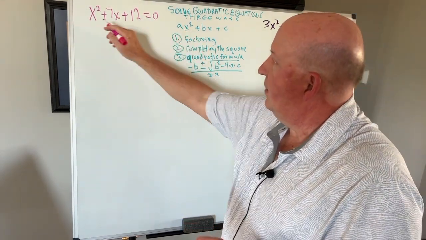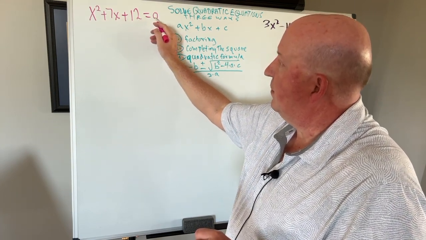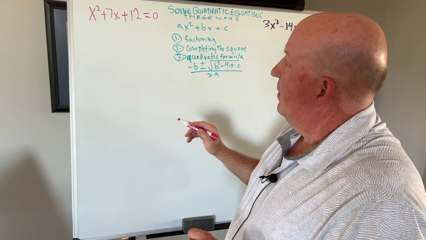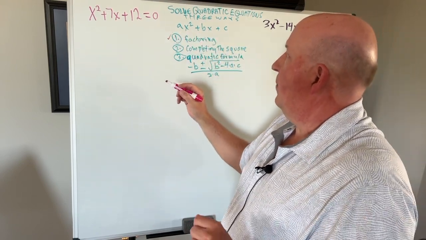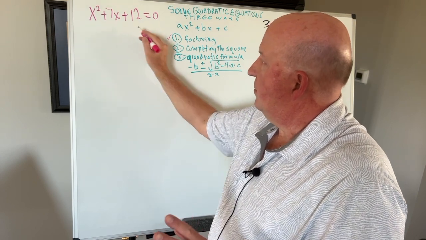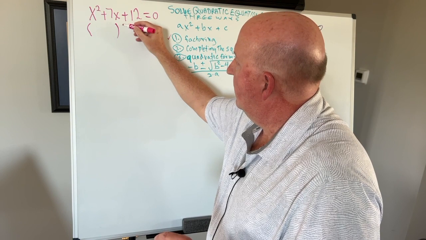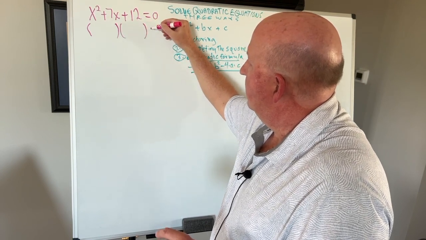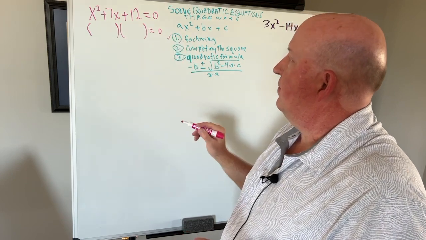A is 1, so it's x squared plus 7x plus 12 equals 0. So the first way is factoring, and the way that is going to be two factors. So this one times this one equals 0.